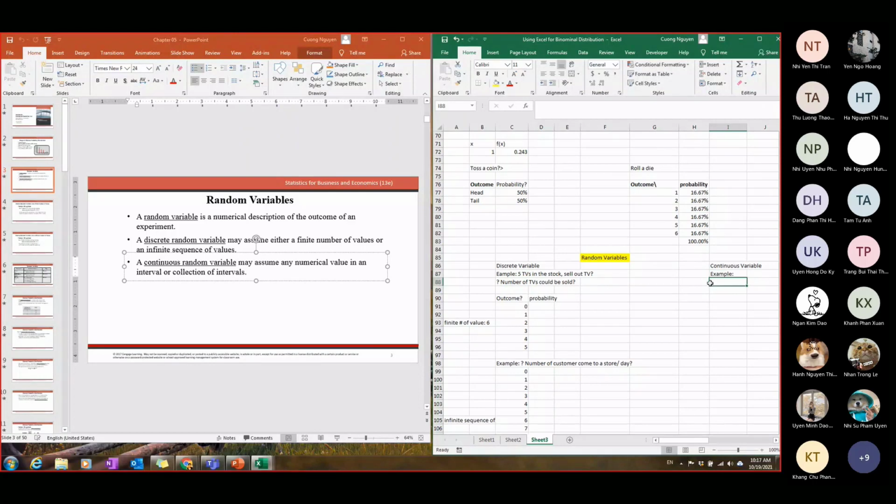All right, the example. This time I will talk about the weight of a student. So the outcome for the weight of a student. For example, I will ask in kilograms.